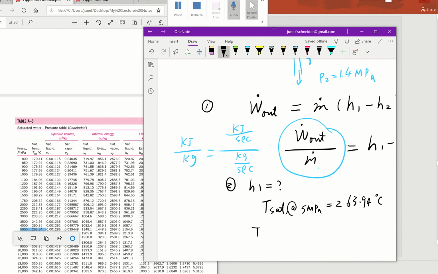However, our temperature is 450, which is way greater than this T sat. That tells us this is superheated.